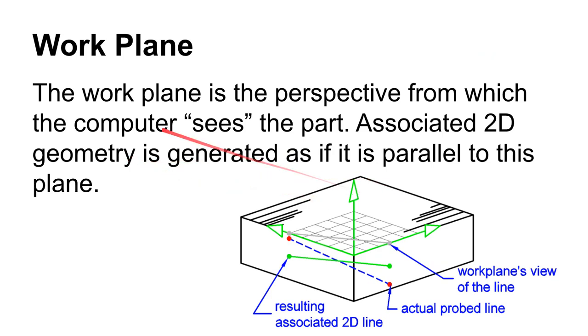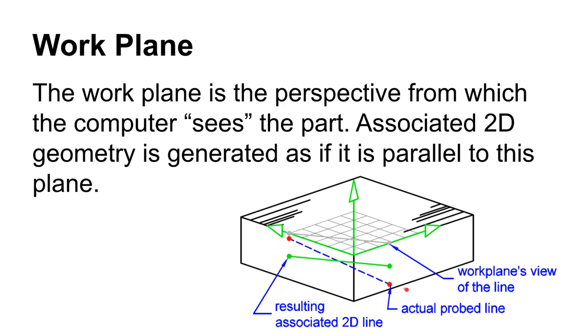All right, there is this thing called a work plane, and I'll just discuss it because you can get some surprising results in something like PC-DMIS if you're not aware of how a work plane works. But generally, the work plane is the plane through which PC-DMIS, or whatever the software is that you're using, is looking at the geometry, the points that you're probing.